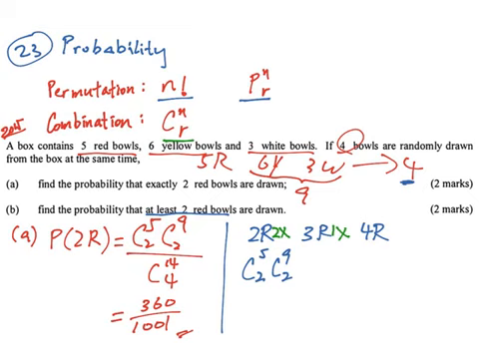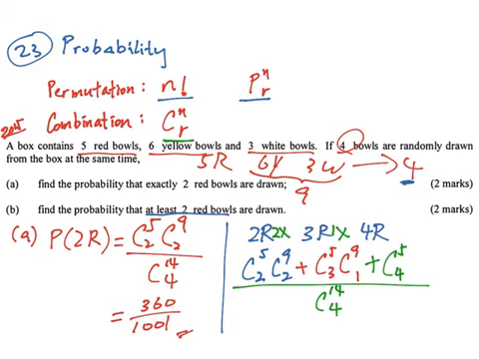The second case, 3 red: 5C3 and then 9C1. The last one, from 5 we select 4 because no non-red needs to be considered. So over the total 14C4. After calculation, we get 5 over 11.